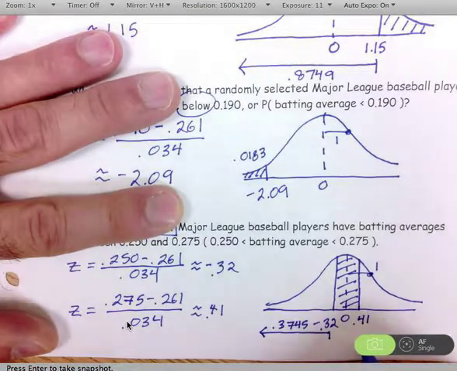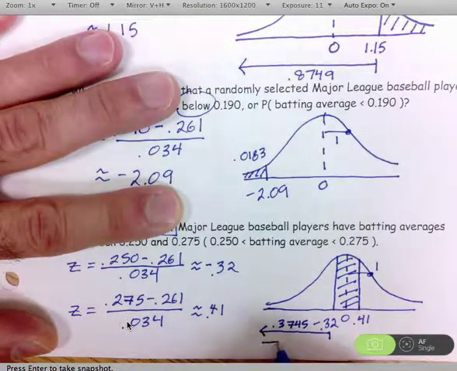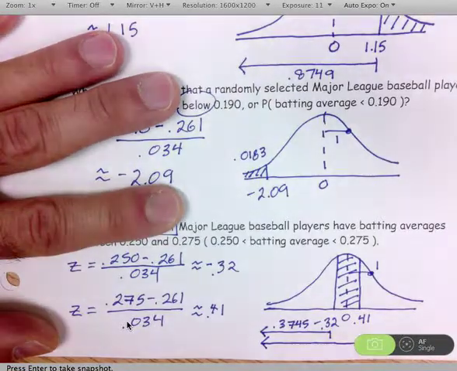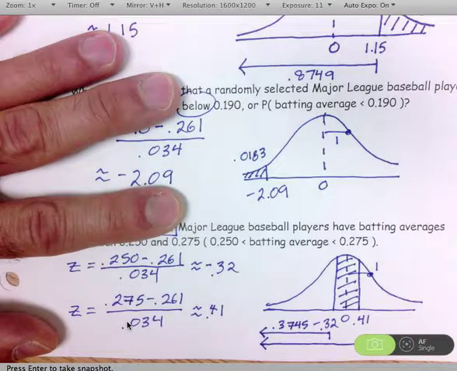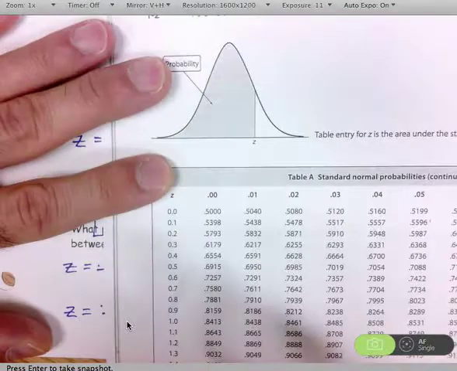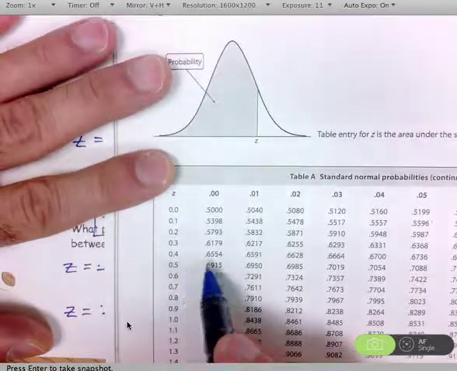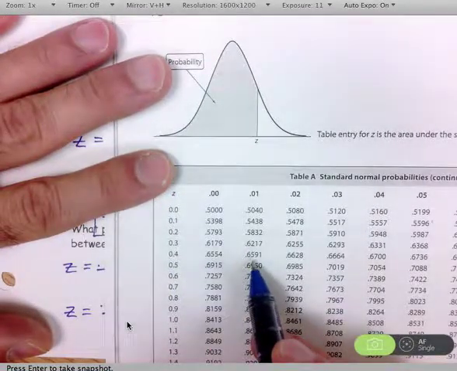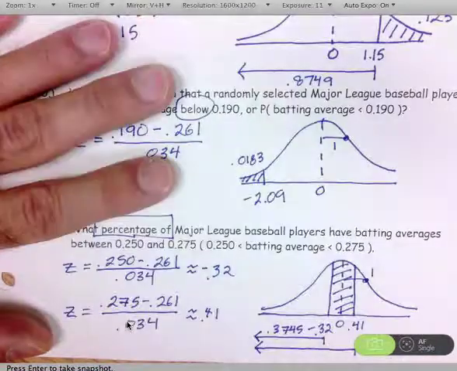So if I look up 0.41 in the table, what it does is it gives me the percentage of observations at 0.41 and below. So I'm going to look up 0.41 in the table. Here we are. Here's 0.4, here's 0.40, here's 0.41. That's 0.6591.